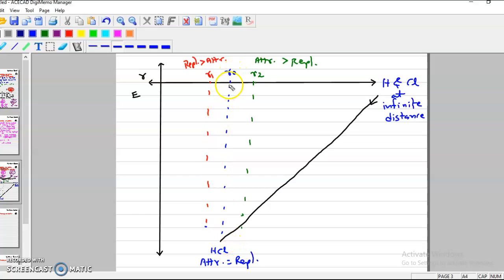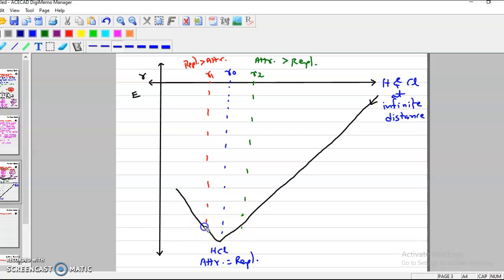But we know that atoms are not stable here. So when they cross the limit and reach this R1 distance where repulsion is greater than attraction, the graph will move like this. Finally we reach here R1 distance where repulsion is greater than attraction, and therefore H and Cl will go from R1 to R2 distance where attraction is again greater than repulsion.